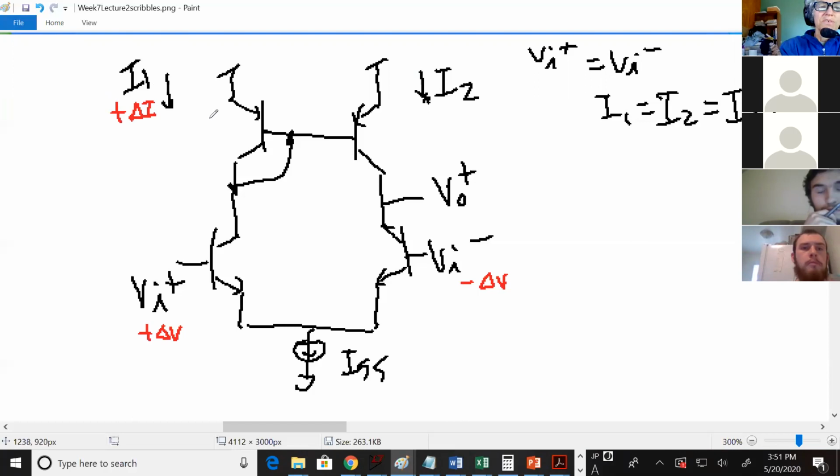So now this current is bigger. What happens to this voltage when the current gets bigger? It goes up. Okay, so that's what's happening on the left side. That was two steps we got there.